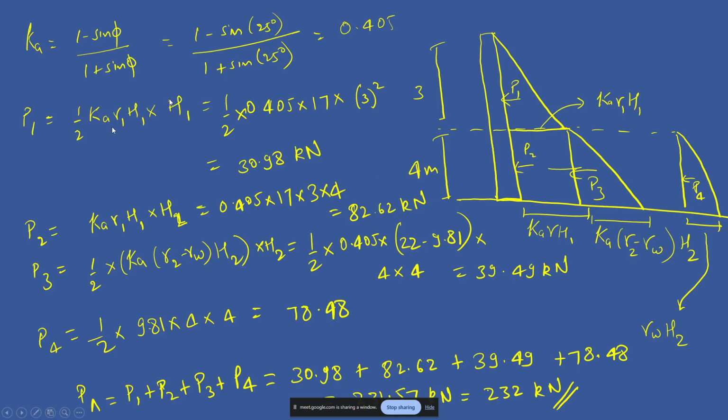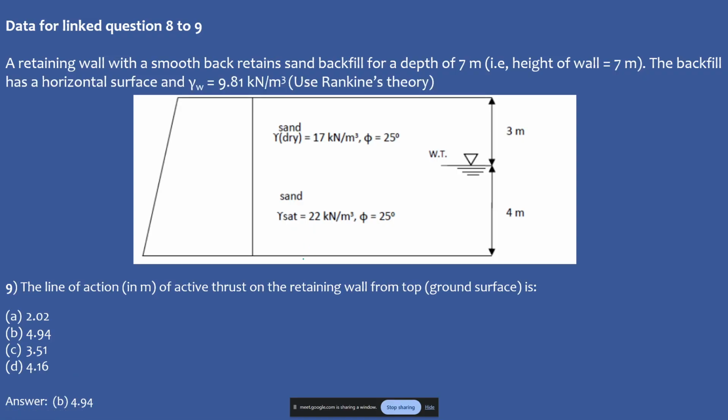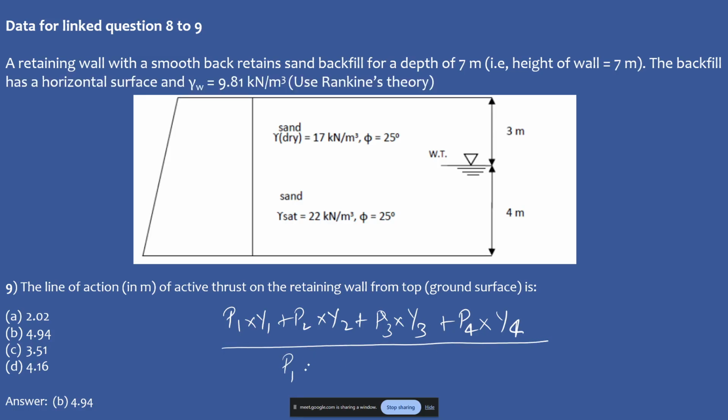The lever arm can be calculated using P1 into Y1 plus P2 into Y2 plus P3 into Y3 plus P4 into Y4, divided by P1 plus P2 plus P3 plus P4. So this is your Y bar.